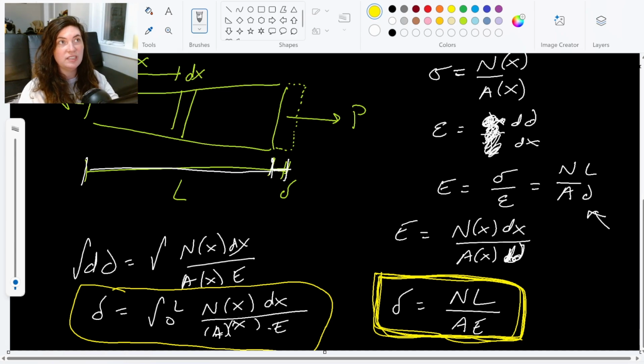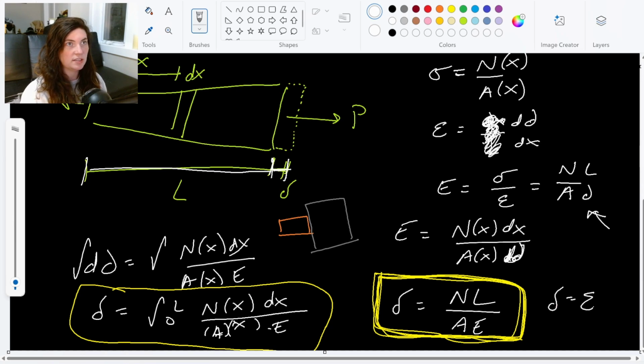Now, we can also use these if we have multiple sections of something. Because we can do it in integral form, we can also do it as a summation. For example, maybe you have one section of copper and it's attached to a larger section of steel, and they have a different modulus of elasticity, they have a different area, you can do a summation with these as well, where your delta is just going to be the summation of each individual section, normal times length over area times modulus of elasticity.